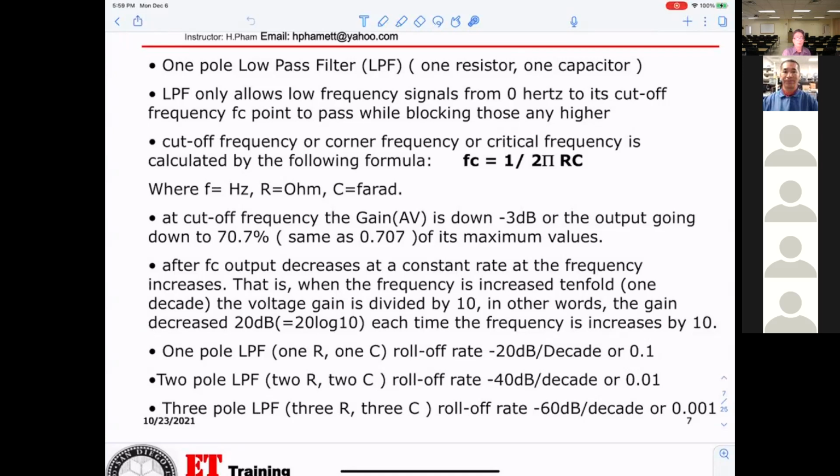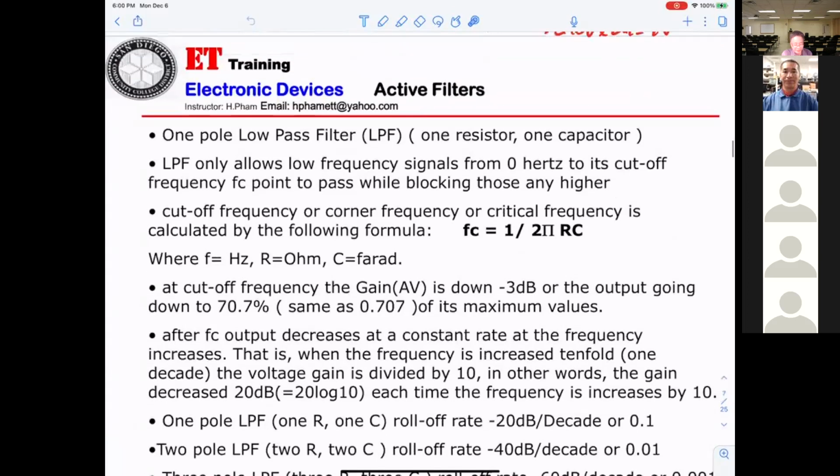A low pass filter only allows low frequency signals from 0 Hz to the cutoff frequency.